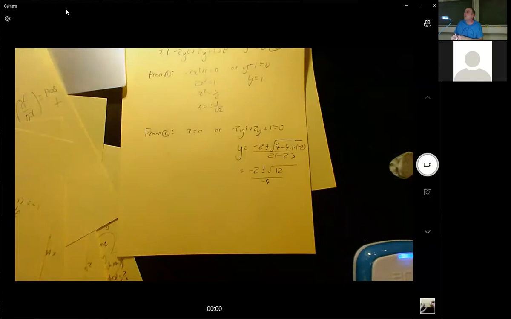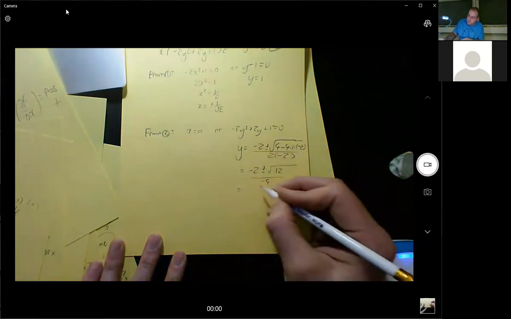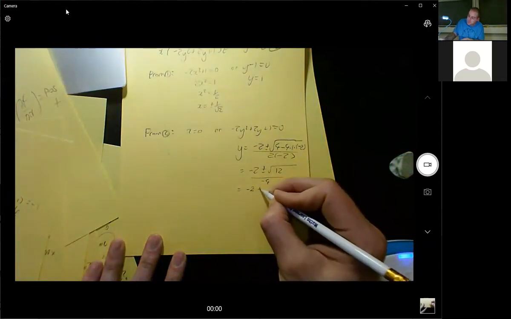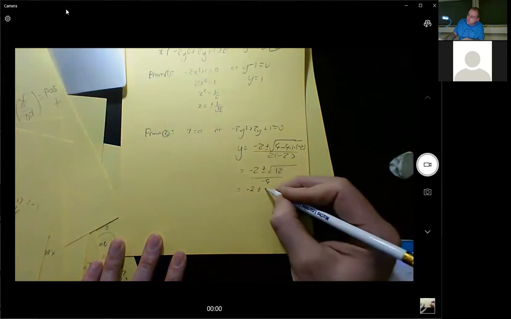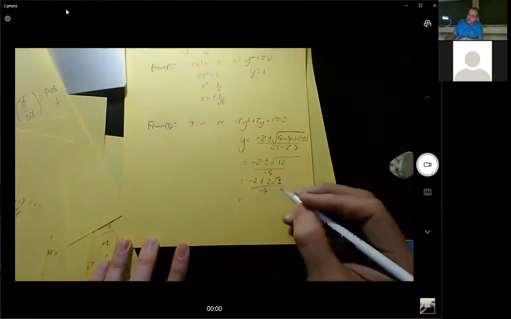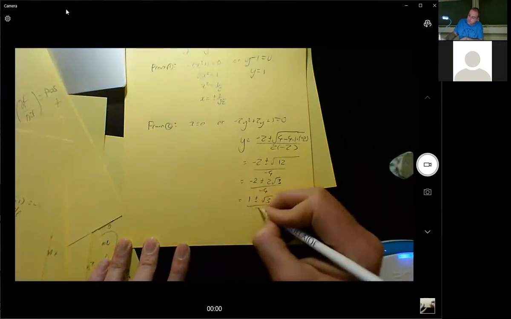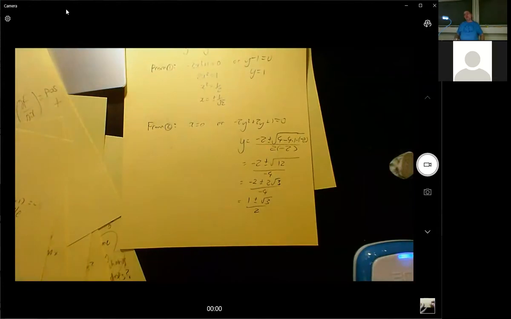Wow, I really did do it to myself. I think if I took the 4 out of there, I'd get a 2 root 3. And then I could cancel some minus 2's. All right, they're my answers.